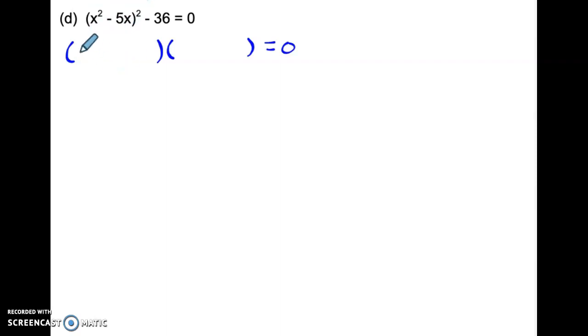You take the square root of the first term, which is just whatever's inside that bracket. Take the square root of the last term. One gets a plus, one gets a minus. Now if you look, within each of these brackets, we have quadratics.